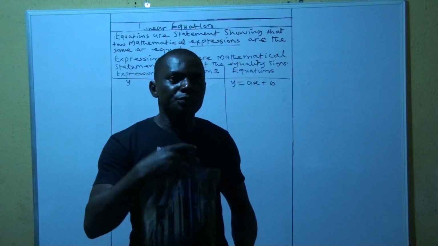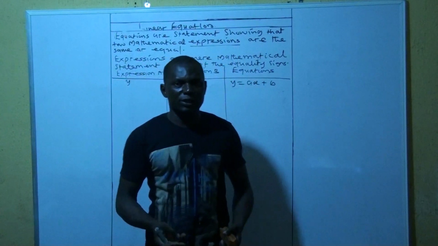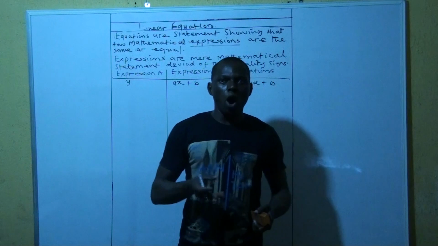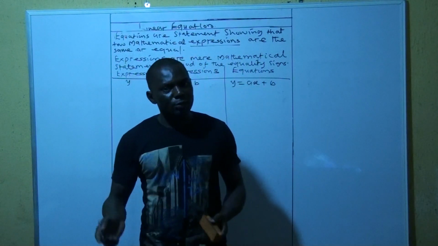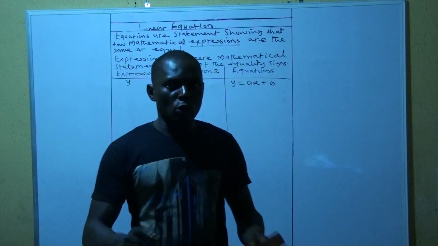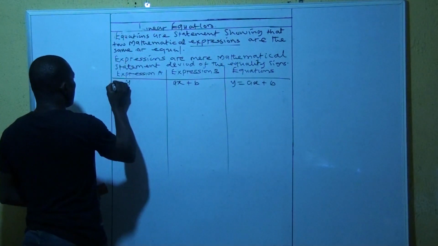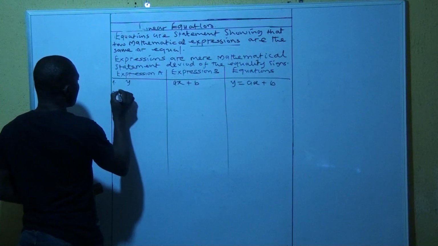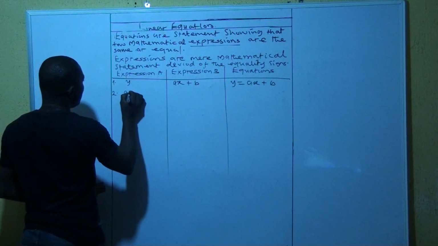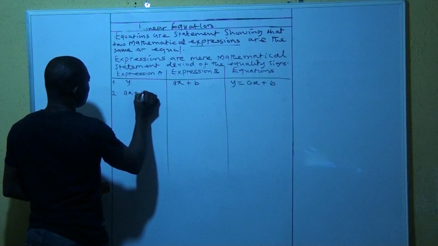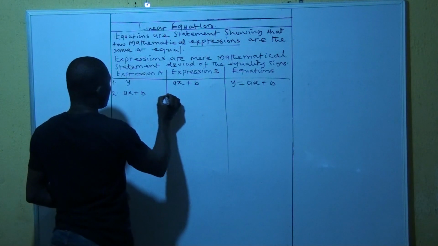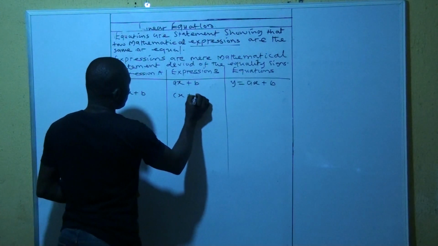So expressions are the basis of equations. Without expressions, there will be no equations. So let's take note of that. That is example 1 here. Then number 2, we have something like this: ax plus b, and another expression cx plus d.